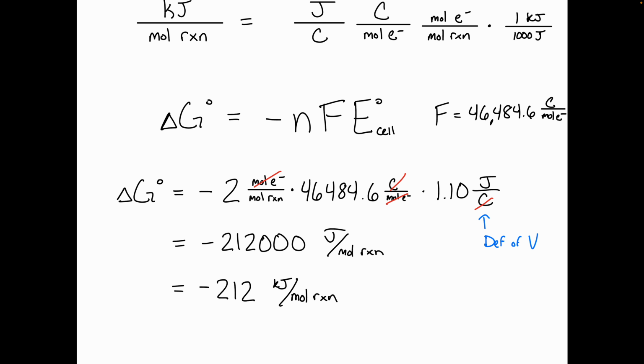What's up? How did you get 212? I took my 212,000 and divided it by 1,000. Negative 212. Negative 2 times 46.4.6 times 1.1 is negative... Yeah, hold up. What did I do wrong? It's not 46.